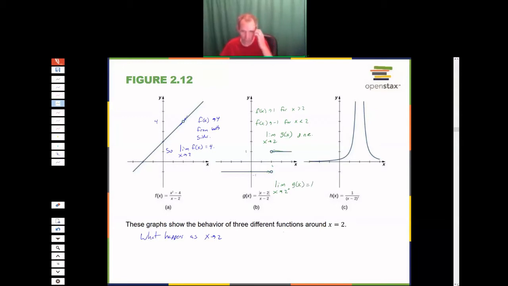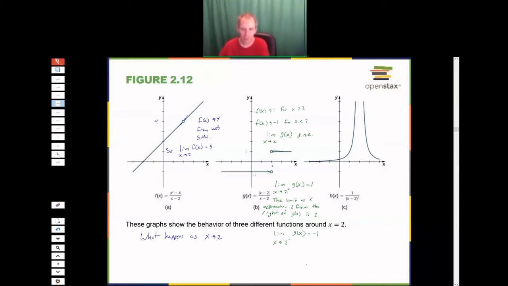So the limit as x approaches 2 from the right of g of x is 1. Okay, and likewise, the limit as x approaches 2, and to indicate from the left I put a little minus here, of g of x, is negative 1.